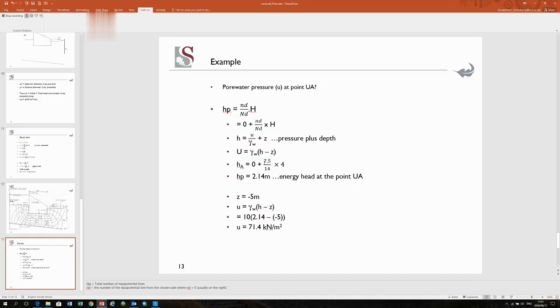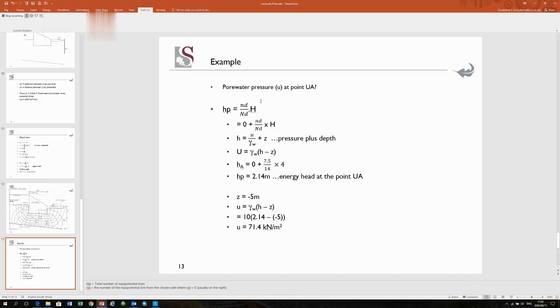That's where that 7.5 comes from, and that gives you the energy head at point A of 2.14 meters. Z is minus 5 meters below surface. So the pore water pressure is the unit weight of water times the energy head minus Z, and that gives you a pore water pressure of 71.4 kilonewton per square meter.